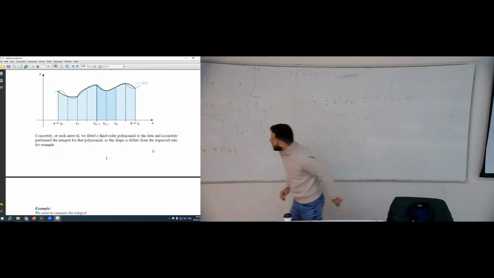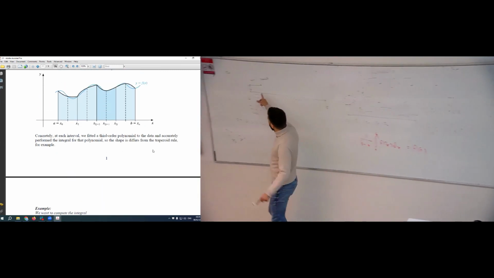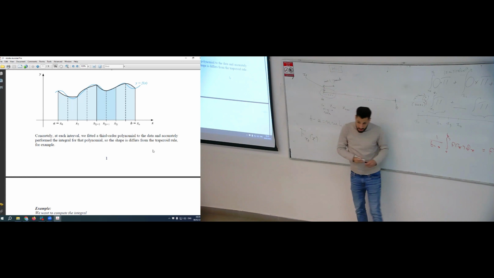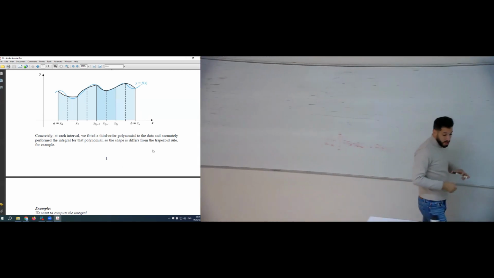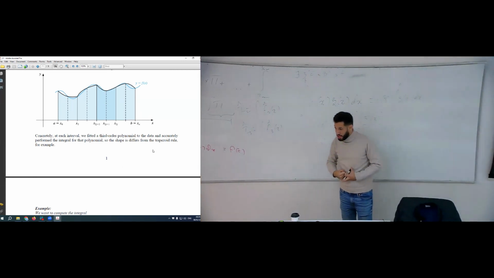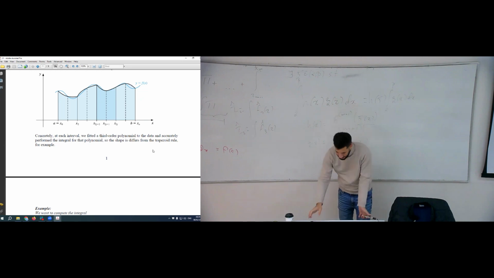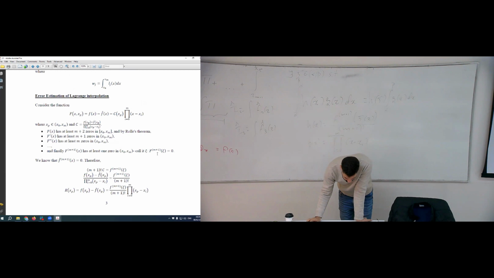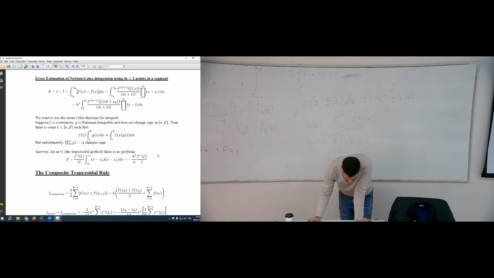Okay, but at least we know that for the trapezoidal, for m equals 1, I'm sorry, for m equals 1, the trapezoidal one, I know that the function doesn't change sign. So at least let's do it for it.